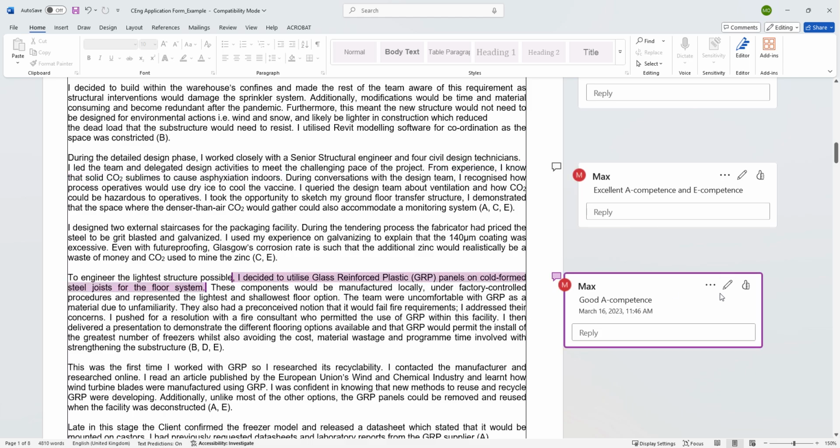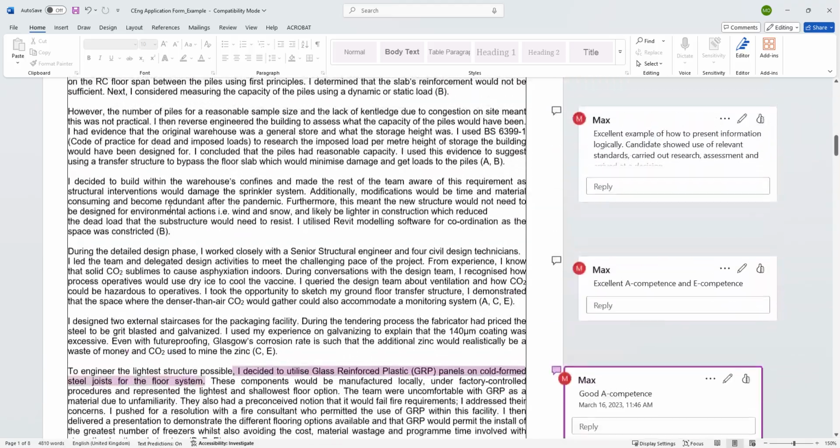Here the highlight is an example of a good A competence. The candidate says, I decided to utilize glass reinforced plastic panels on cold formed steel joists for the floor system. The candidate decided to use it based on the fact that they knew this was a reliable material.